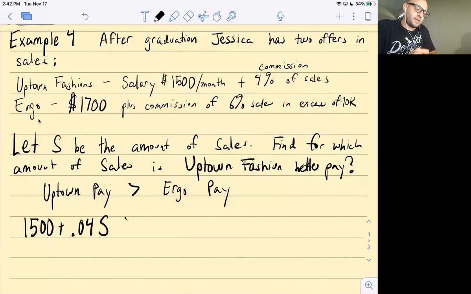Awesome. All right, now Ergo is a little bit tricky. Anyone want to try to explain what expression would be good to give us the amount Ergo would pay?